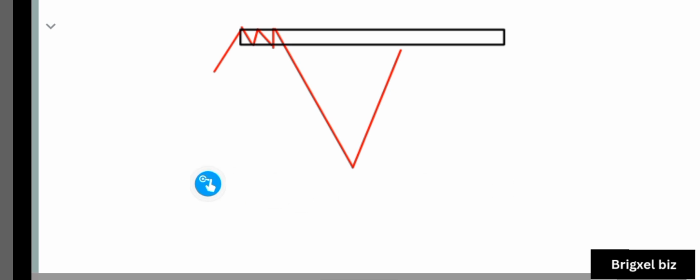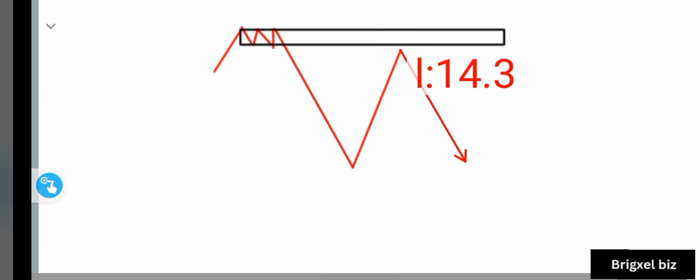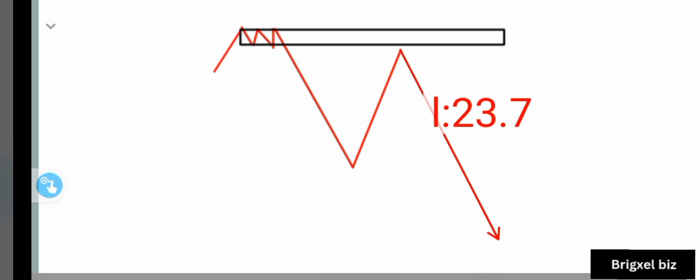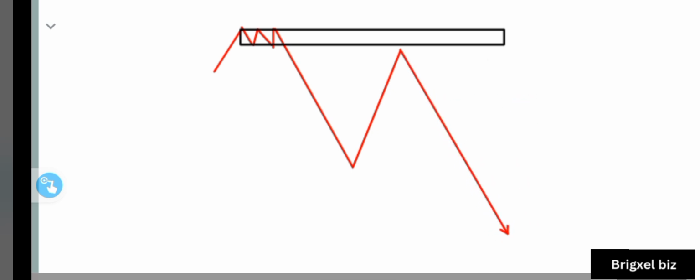So our expectation is for price to reject from that region and move away like this, ladies and gentlemen. So that's what we expect from a supply zone. This is the opposite of what we had for the demand zone. Don't forget, this will not always hold. But there are certain things that would indicate a high likelihood of this playing out.